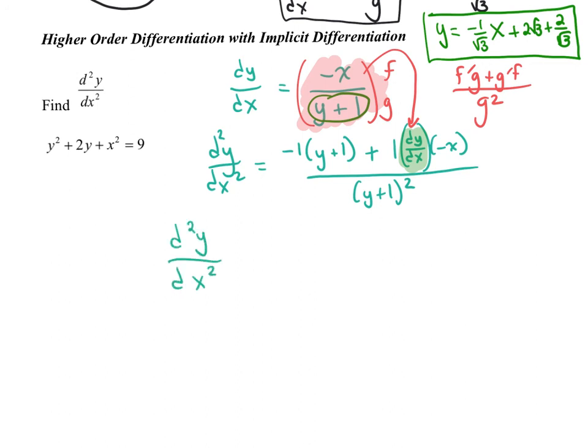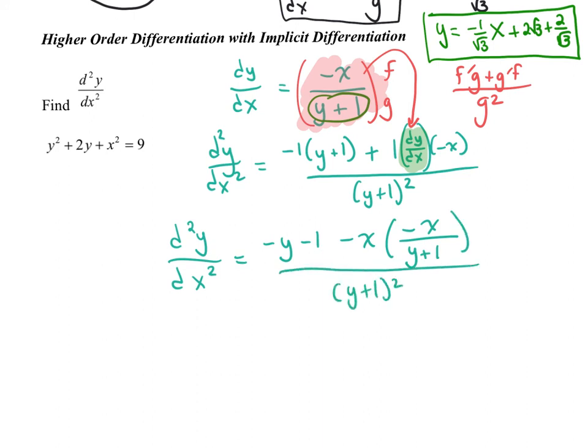So we get d squared y over dx squared equals negative y minus 1, I'm just distributing that negative 1, minus x, I'm going to move that in front, times the first derivative. So that first derivative actually goes into my problem, all over y plus 1 squared. We're going to keep it like this.